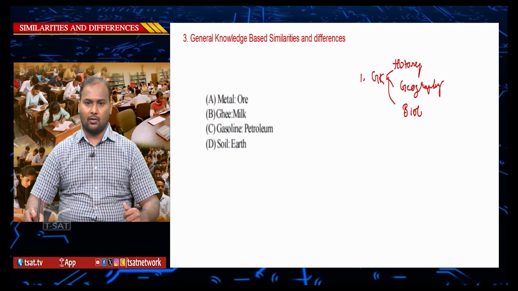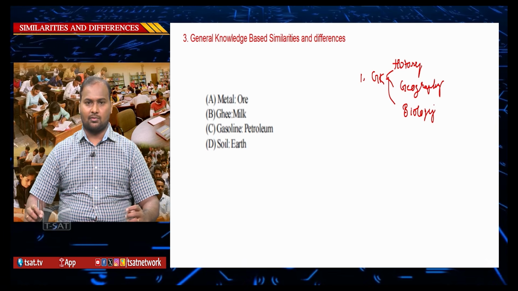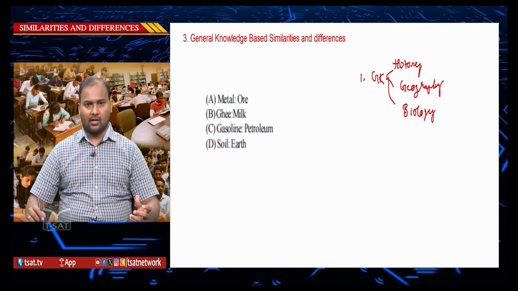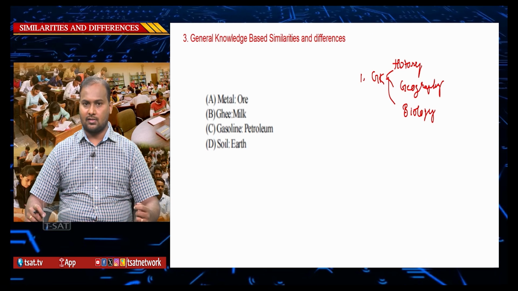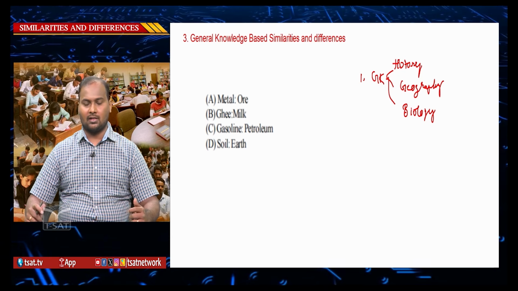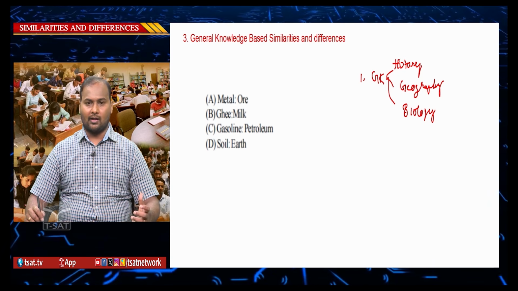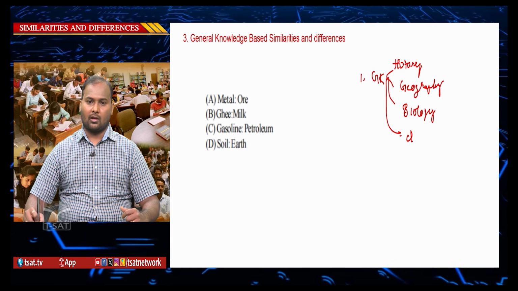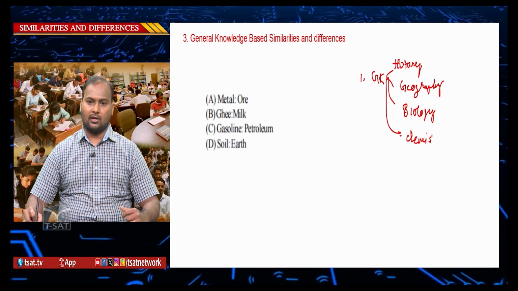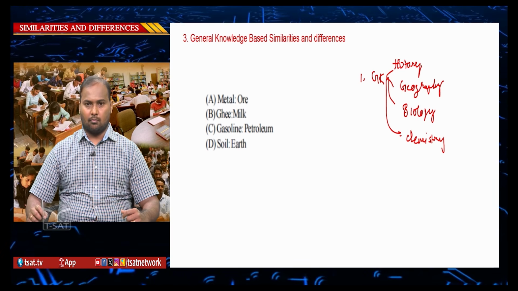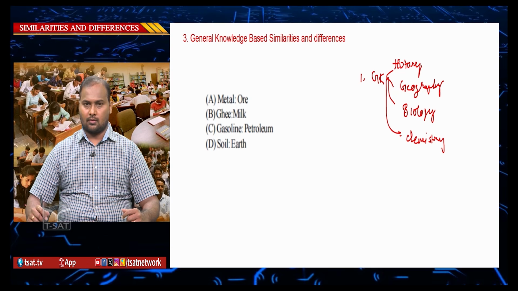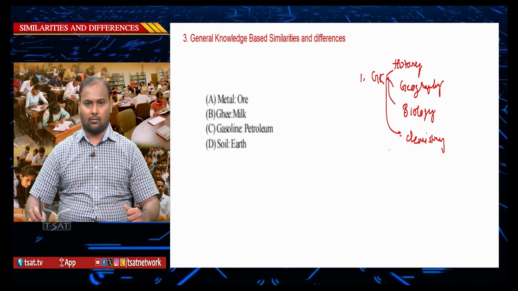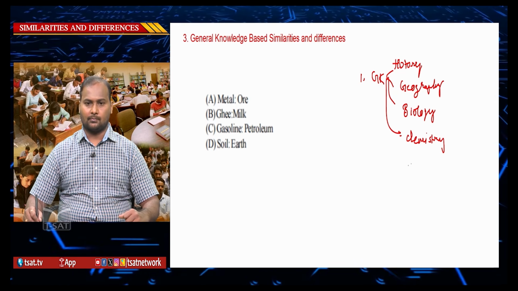This is very, very important, because they will give similar types of diseases, viral diseases, bacterial diseases, protozoan diseases or fungal diseases. So they may ask a wide range of questions. This is followed by chemistry. In chemistry, they will ask questions based on ores, metals, non-metals, metalloids, etc., or from the periodic table as well.